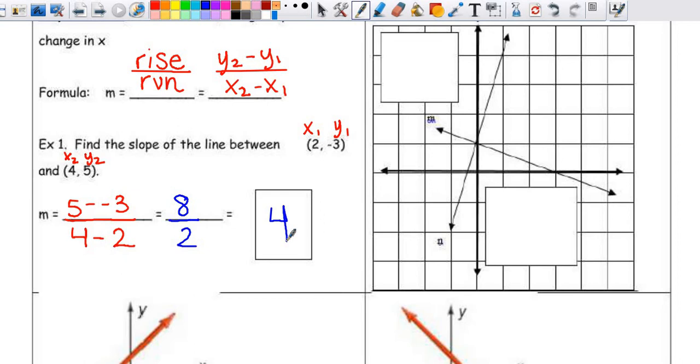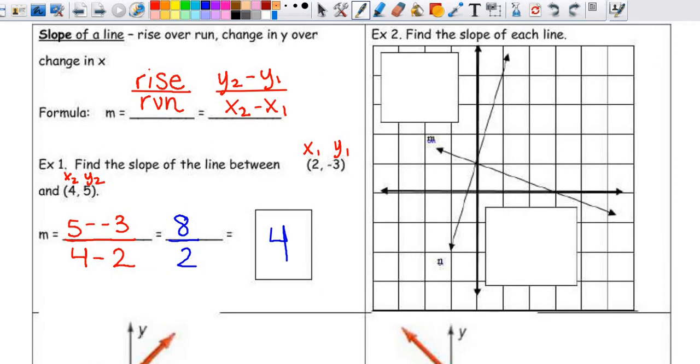All right? The second way you can see a slope problem is on a graph. So let's find the slope of each line. Let's start with line M, which is this one right here. All right? So we need points to be able to plug into a slope formula. It doesn't have them labeled, so let's go ahead and find some points that we can use. The points you can use are ones where it passes through exactly at like an X marks the spot on the graph, all right?